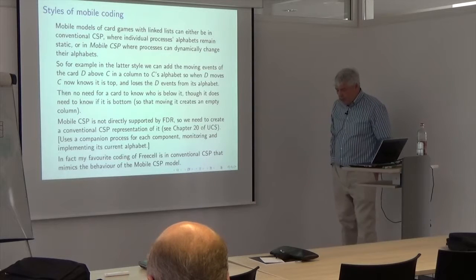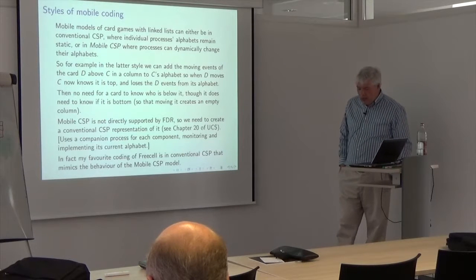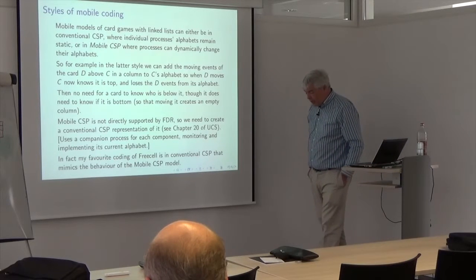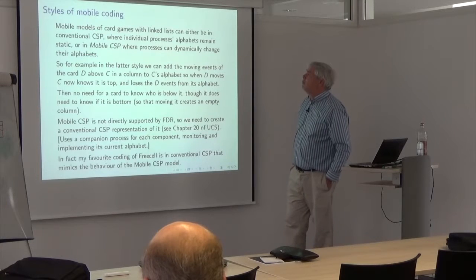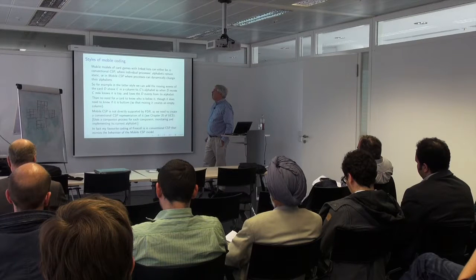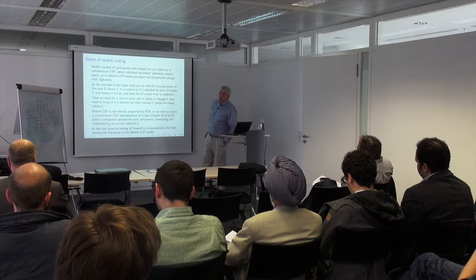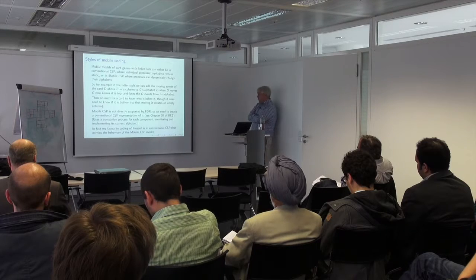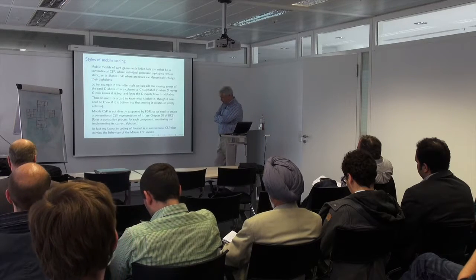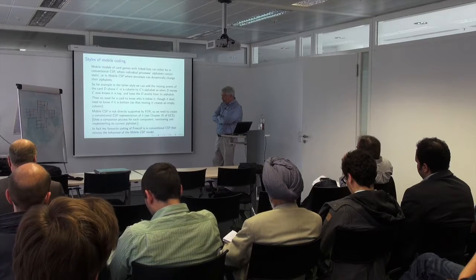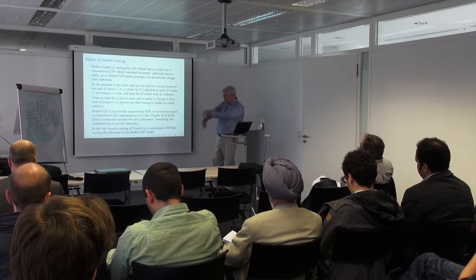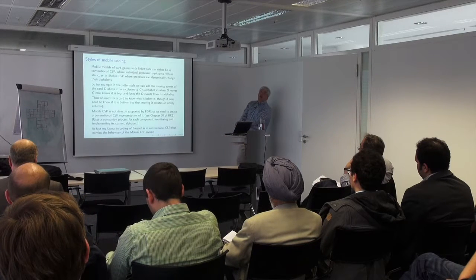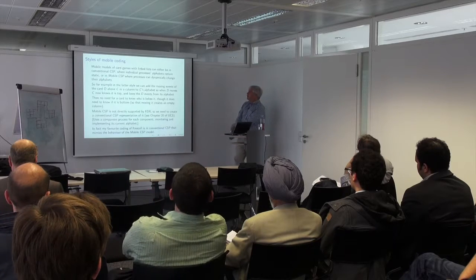I model them in straight-up conventional CSP, where they're potentially connected to any card, but the links tell them exactly which one to communicate with, and where the alphabets are much larger, or a truly mobile style, where, for example, the link channel of a particular card C would be passed from one card to another, depending on which one it was linked to.